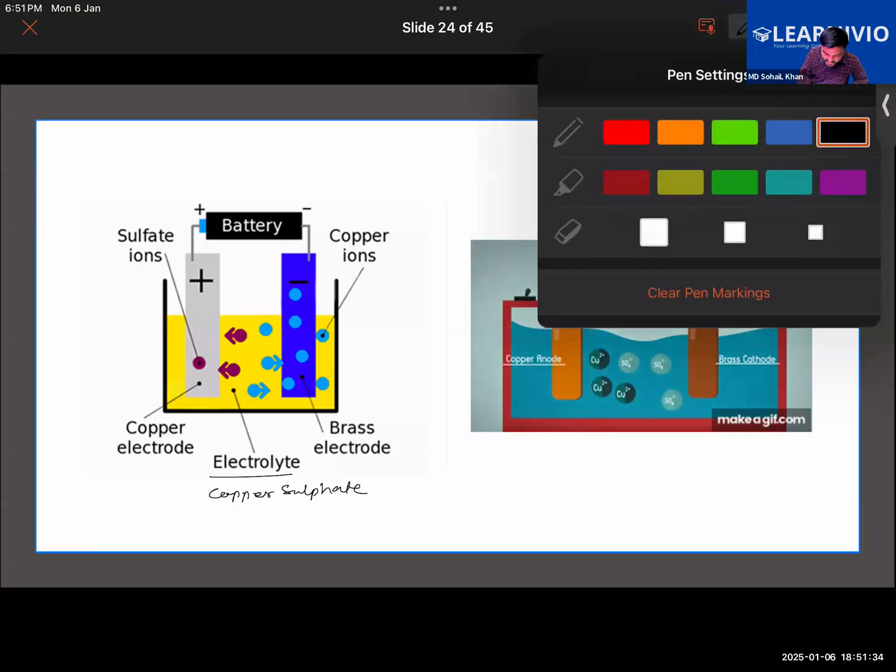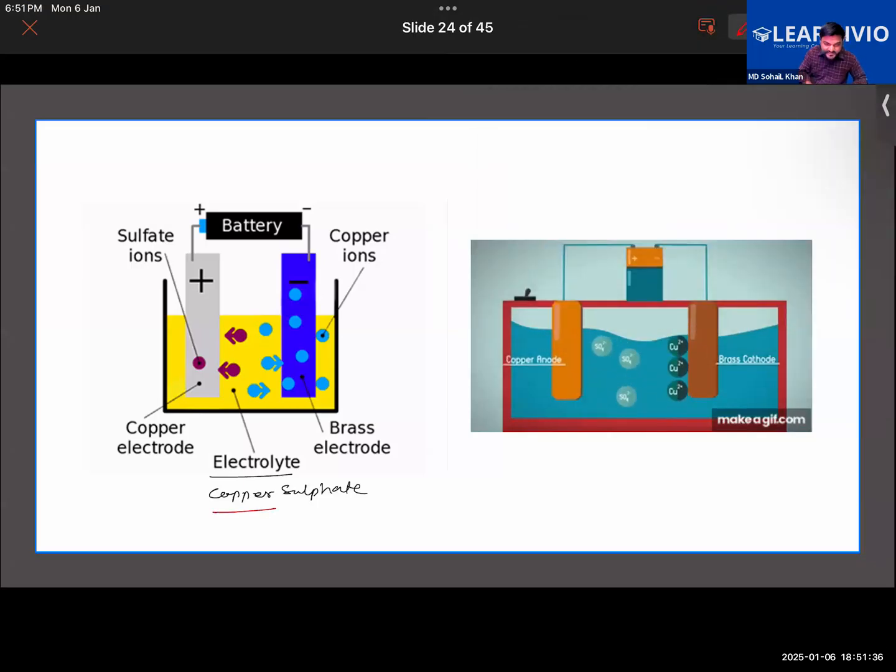So one of the electrodes must be of the same metal that is present in the electrolyte, and thereby one electrode is chosen as copper. Then the second electrode needs to be the material on which we want to coat another material. In this case, this is the brass electrode. Getting it, everyone? Hope that much is clear so far, right?